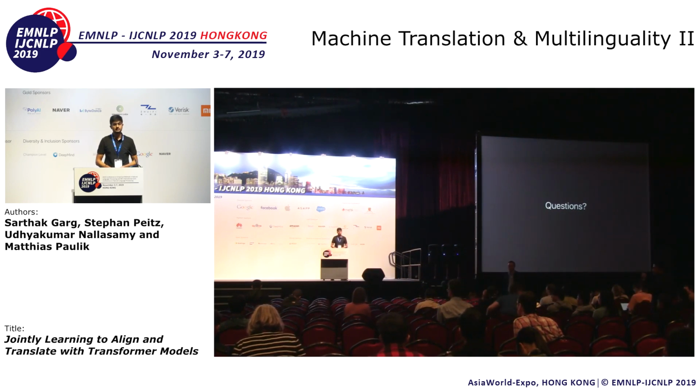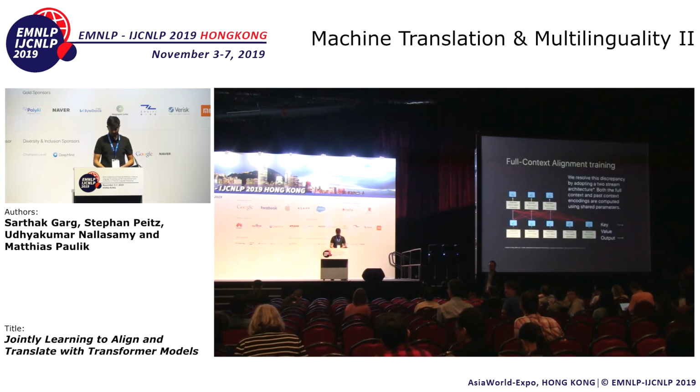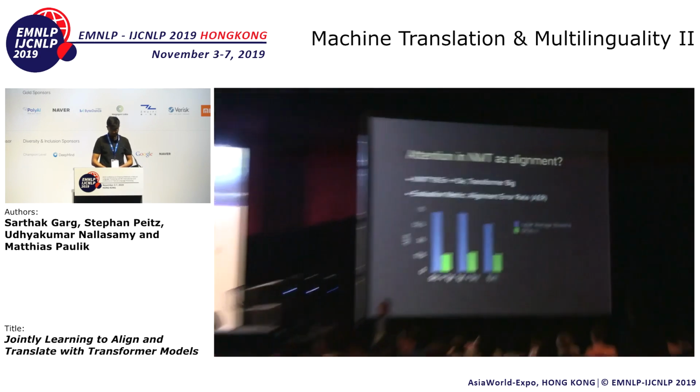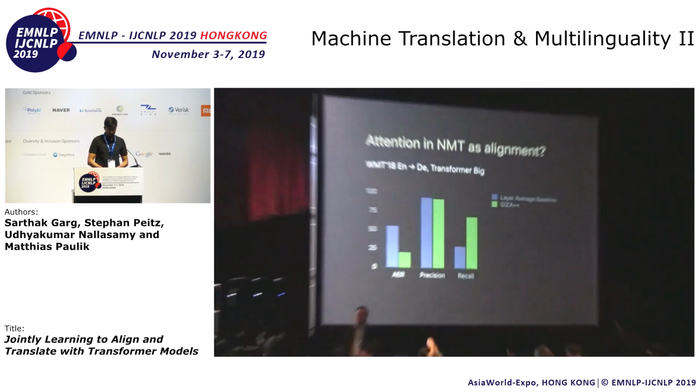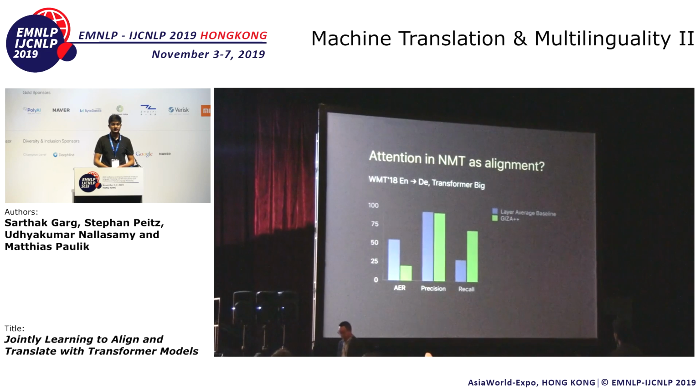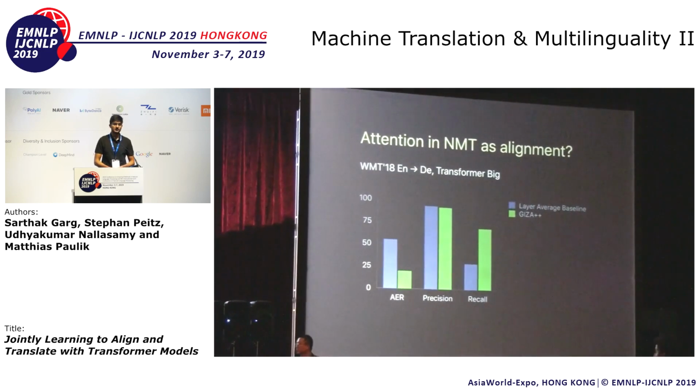For the layer average baseline, you were seeing low recall but high precision. I was wondering, do you just extract one-to-one alignment points, or could you add more alignment points from the target to the source? The reason it's low recall is because a lot of these alignment points are filtered out when we do the symmetrization.